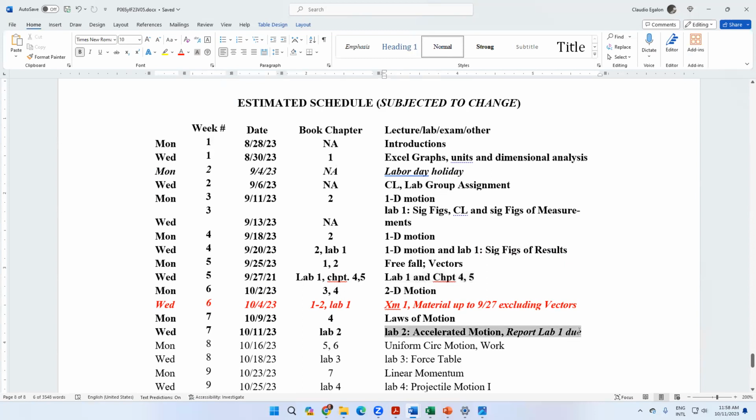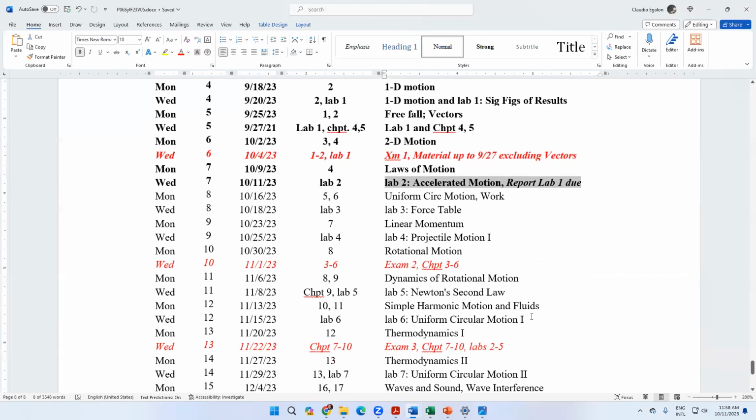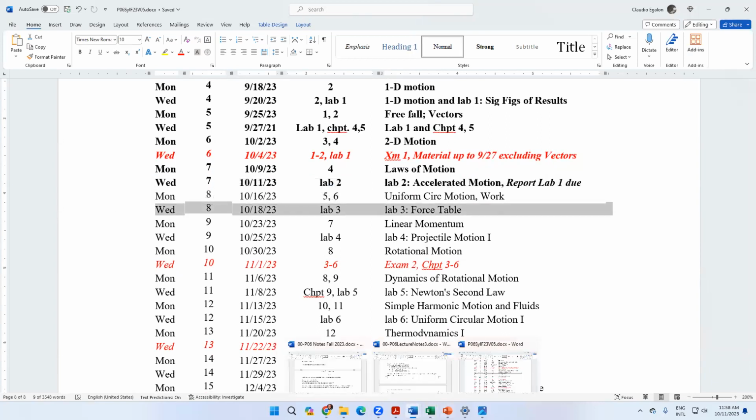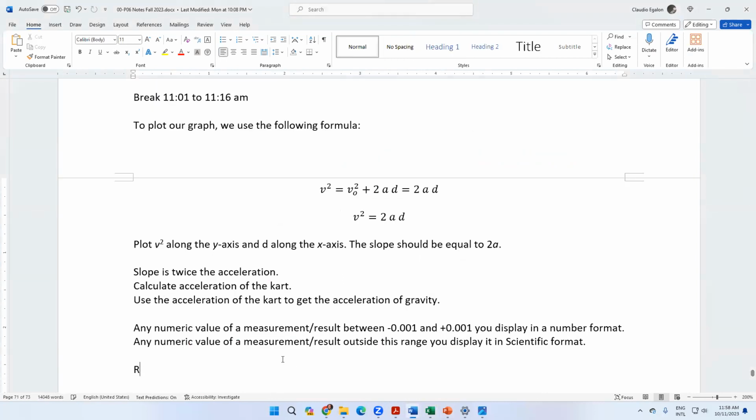Lab 2 is now due next week. Report for lab 2 is due at the next lab meeting, which is going to be October 18, okay?